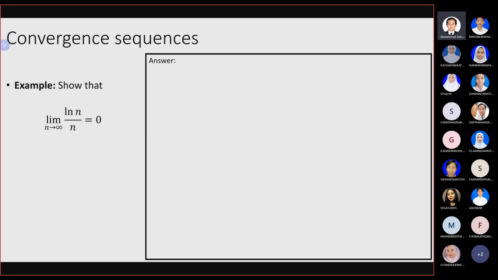So this one, basically we use L'Hopital's theorem. So let's consider f of x equal to ln x over x.